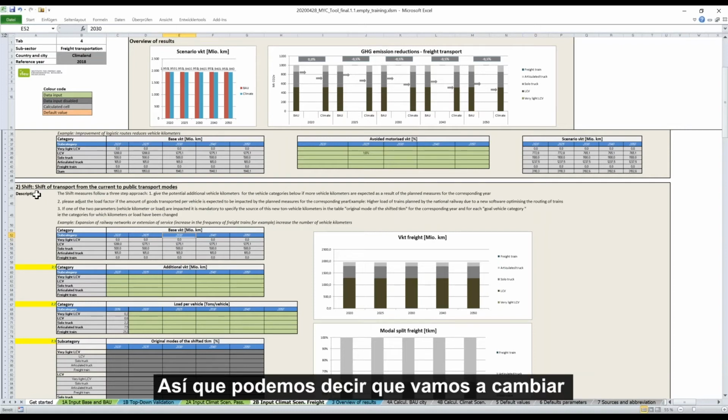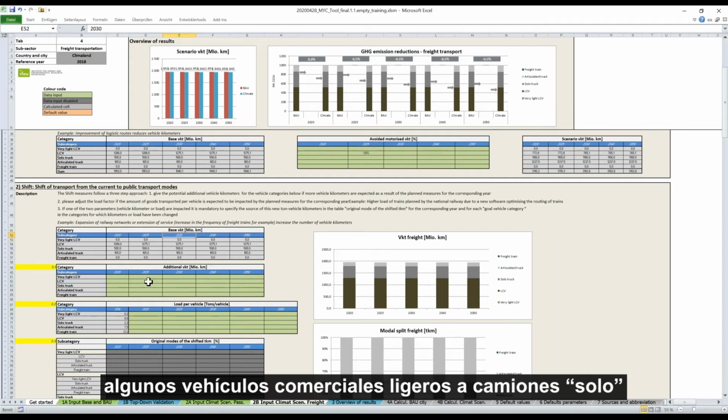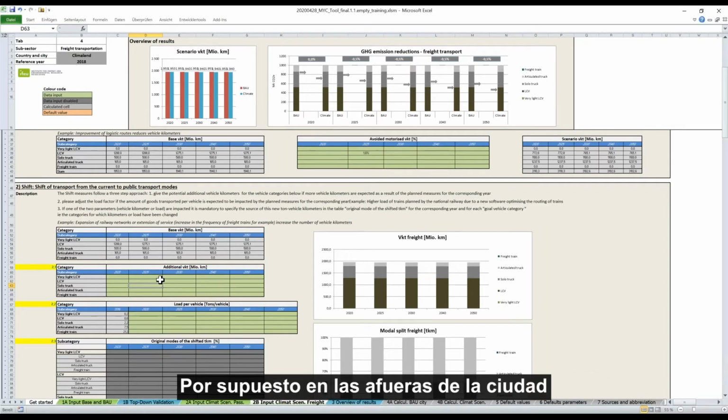So we may say that we want to, for example, shift some LCV to the solo trucks, so that we have a bigger truck that is full, and we then reduce the number of vehicles on the road, let's say in the outskirts of the city, because solo trucks, of course, in the city center, it's not quite cool.